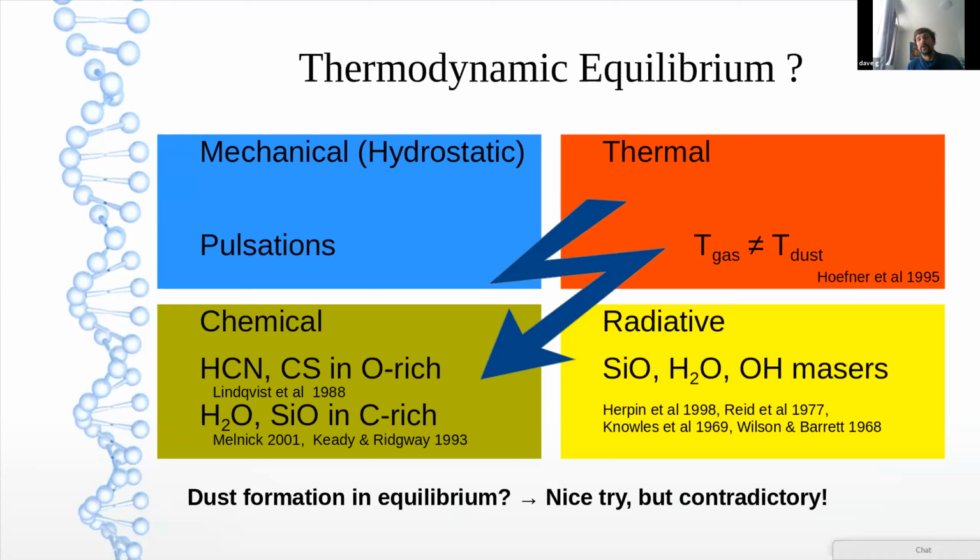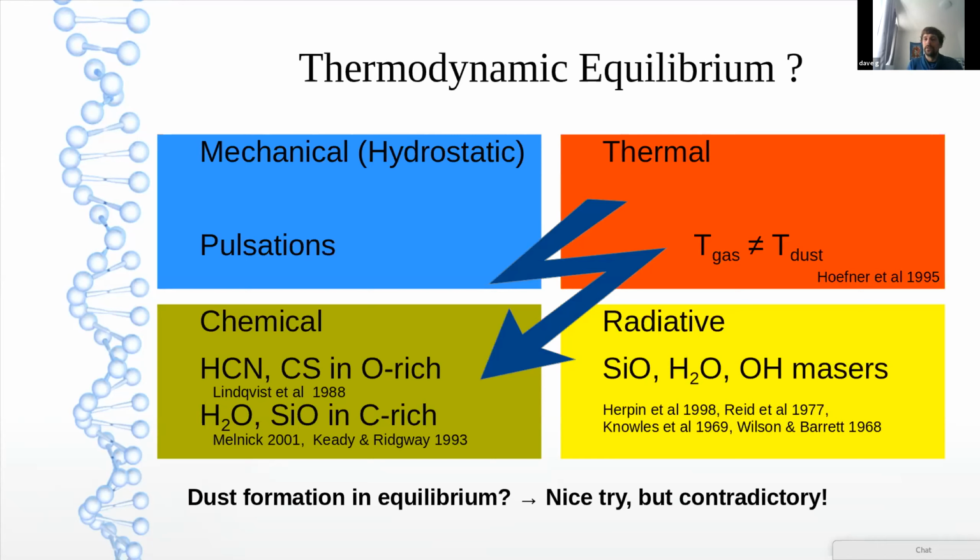If we look at the chemical equilibrium, we find HCN and CS in oxygen-rich AGB stars, which is in contrast to the statement that in oxygen-rich stars only carbon monoxide should exist as a carbon-bearing molecule. And vice versa, we also find water vapor and silicon monoxide in carbon-rich AGB stars, which is in contrast to the prediction of thermodynamic, and in particular chemical, equilibrium.